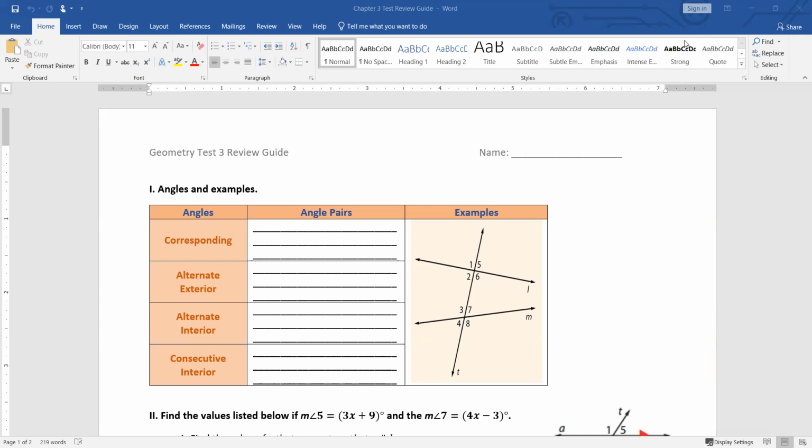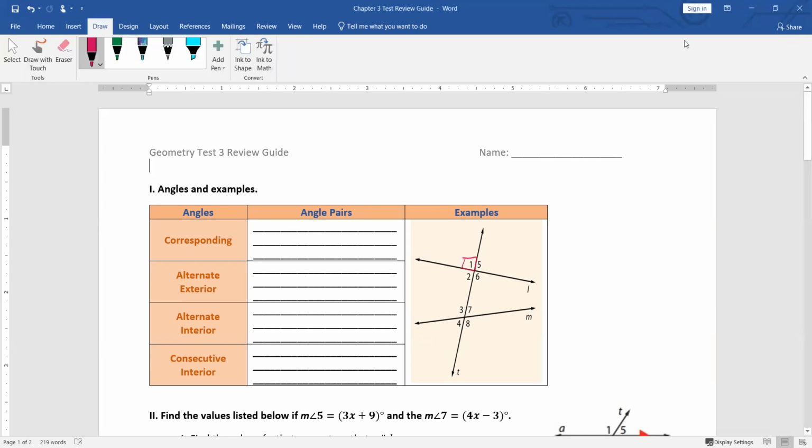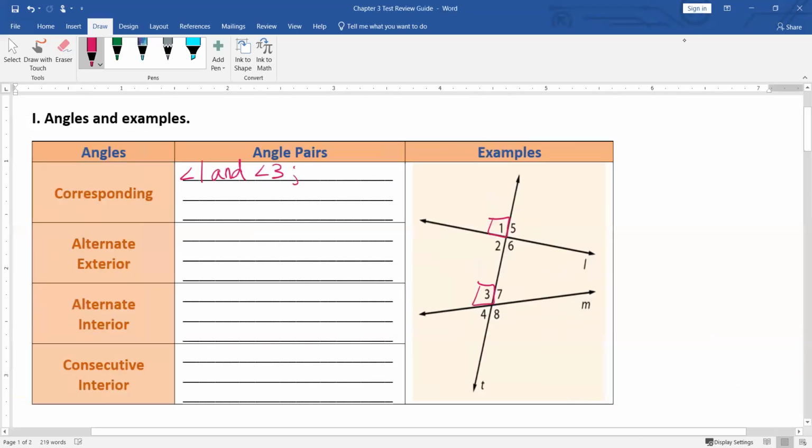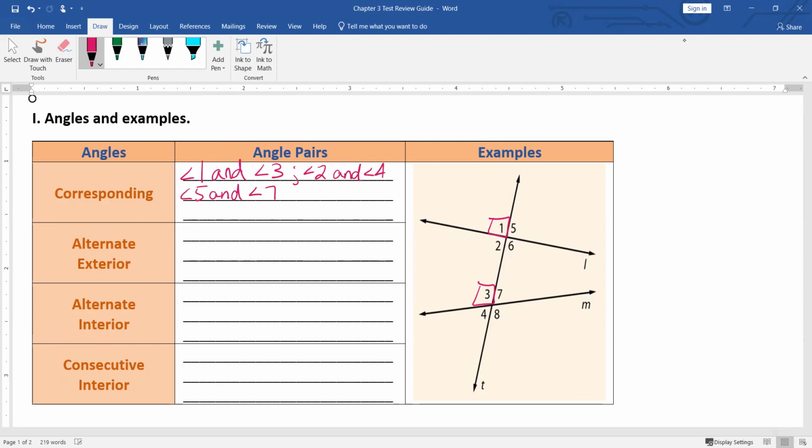Corresponding angles: if I start with angle 1, its match is angle 3. We also have angle 2 and angle 4, angle 5 and angle 7, and last, angle 6 and angle 8, which are all corresponding.